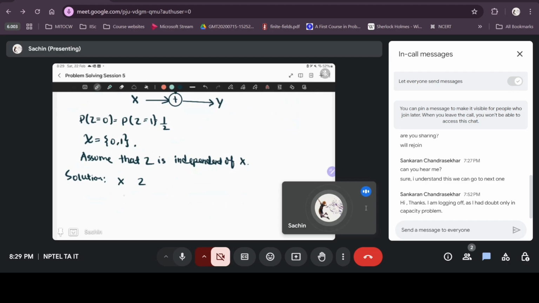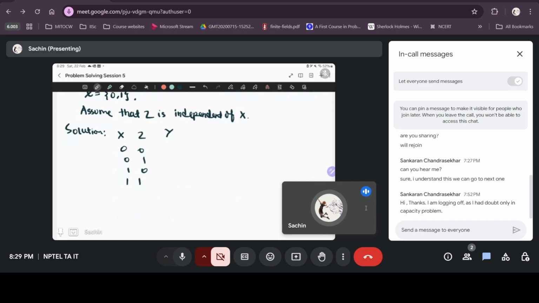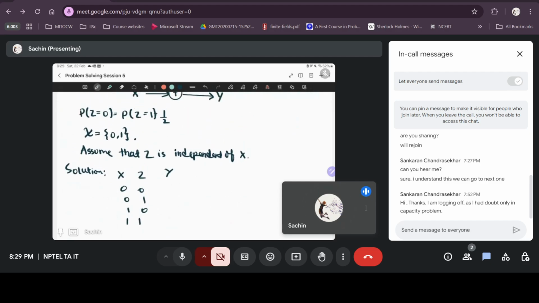X can take two values, z can take two values, so x and z can take four different combinations: 0, 0, 0, 1, 1, 0, 1, 1. This is not binary addition, this is just normal addition. So y can take 0, 1, 2, 3 values.